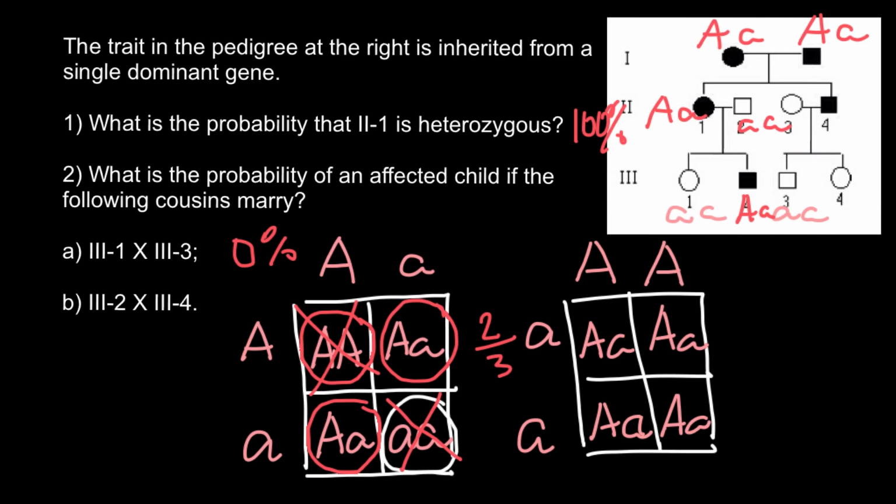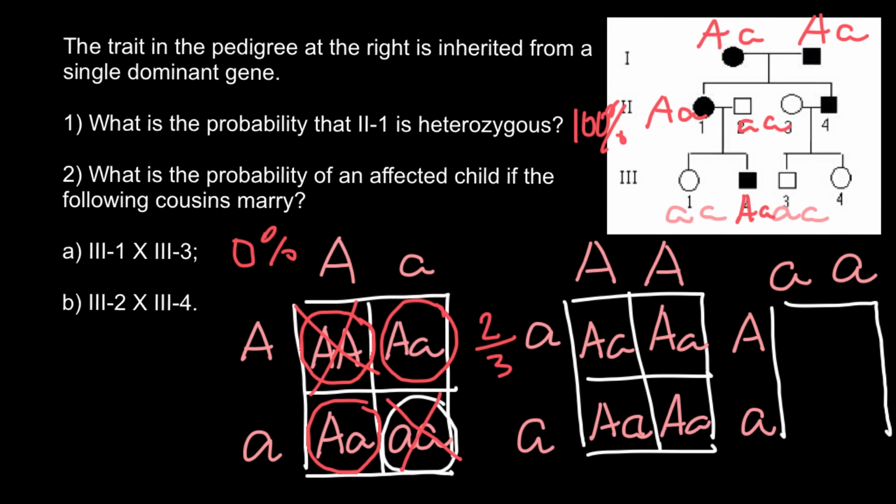So the genotype of the phenotypically normal person here, the genotype of the affected person here on the side, and as you see, the probability that these two people would have affected progeny would be capital A small a, capital A small a, small a here, and small a here.